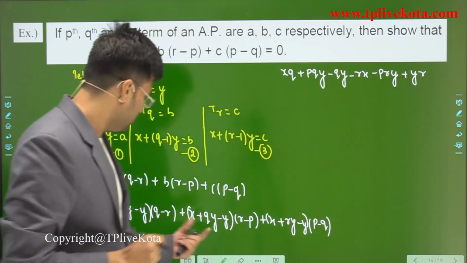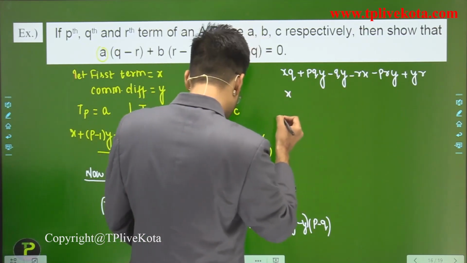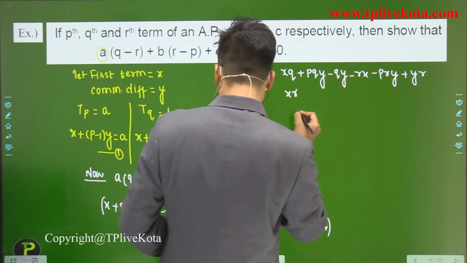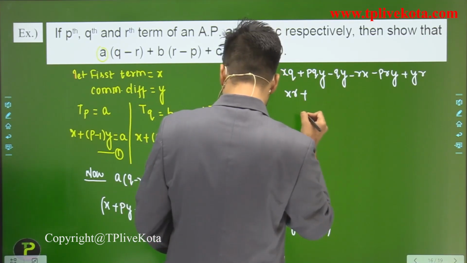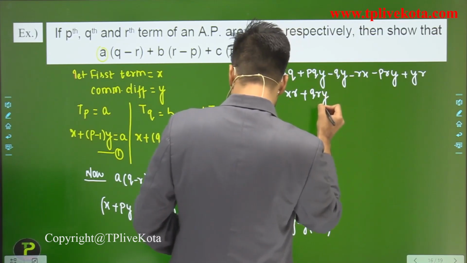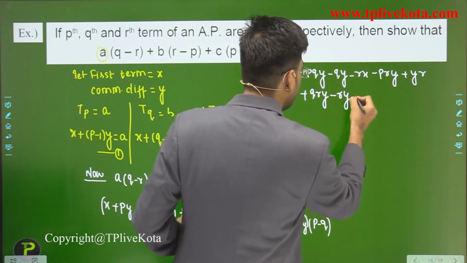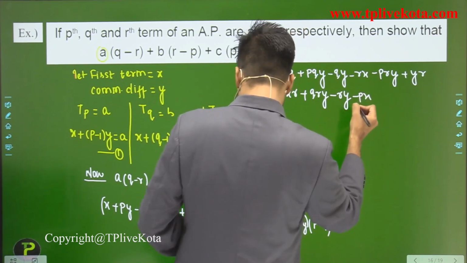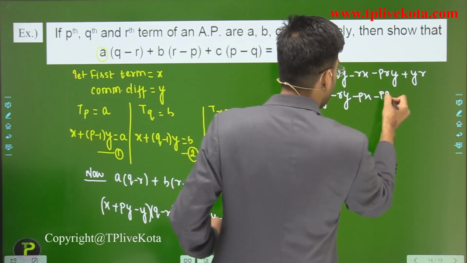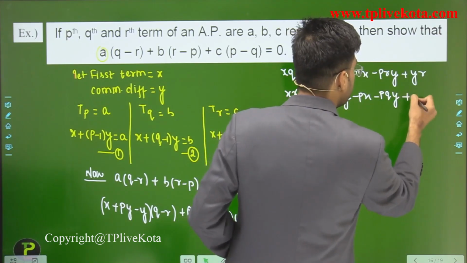This is the first product here, and the next is what? It is xR plus QRy minus Ry minus Px minus PQy minus PQy and plus Py.